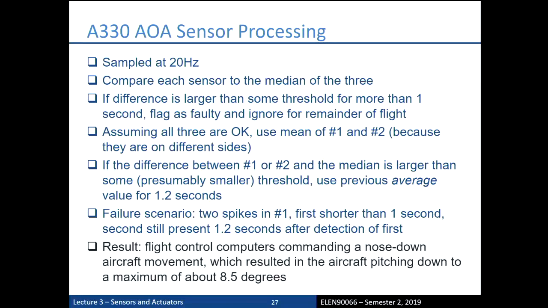Such a simple thing happening, and the result was immediate: because it was on autopilot, the aircraft just pitched nose down 8.5 degrees. For those of you with any flight experience, 8.5 degrees is significant, and if it's an immediate pitch down, it's bad.